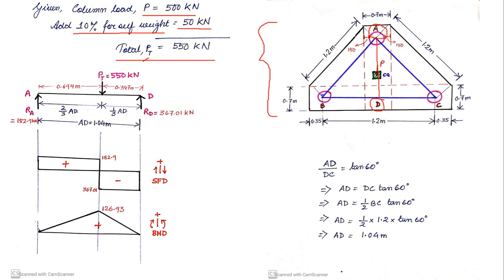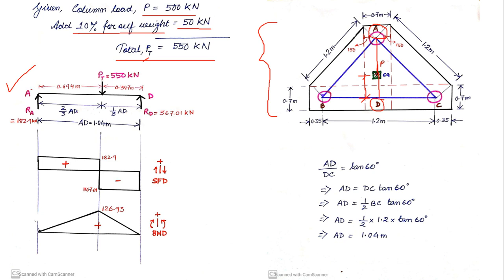So I have told you that the load from the column or the column is at the center of the triangle CG. So this distance will be how much? This distance will be 1/3 of the height of AD. Yes. So this situation is represented over here.